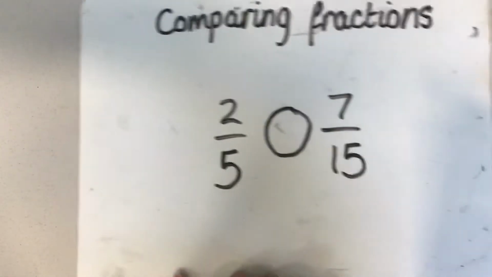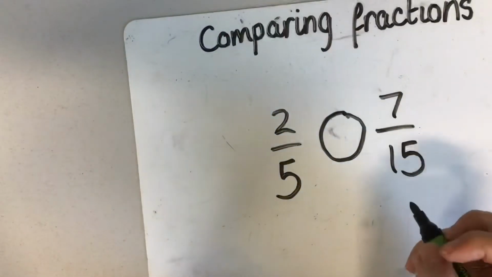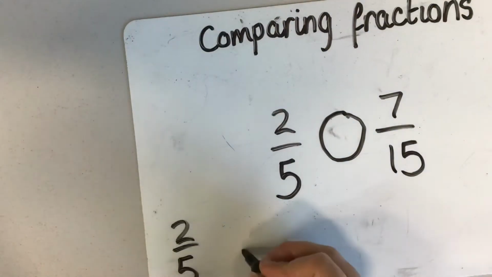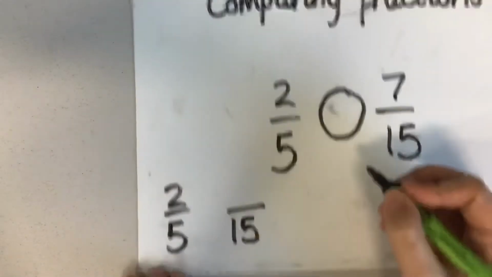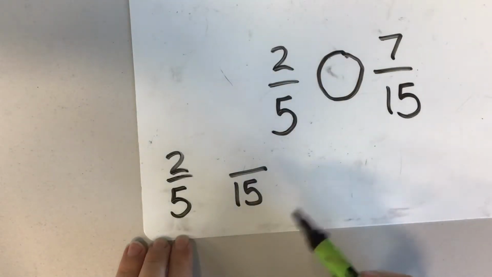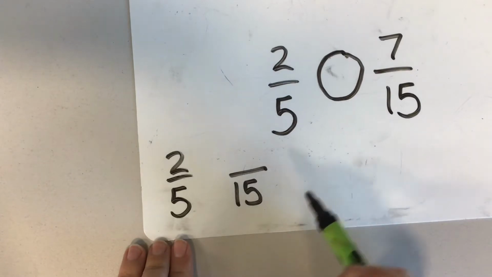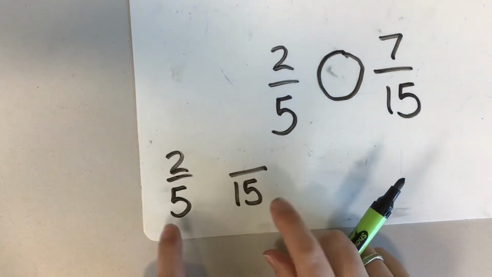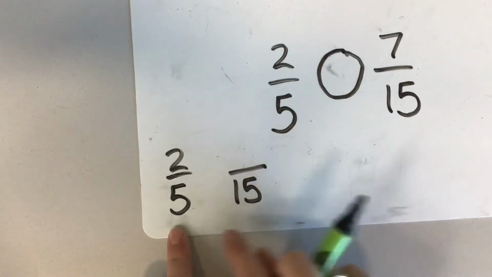I'm going to focus on my 2/5 for a moment over here, and I want to put it into 15ths. So who can remember, what were we doing when we were doing equivalent fractions? What do we need to do to convert the fraction? We need to spot the relationship between the numbers given to us, and we've got both the denominators here.